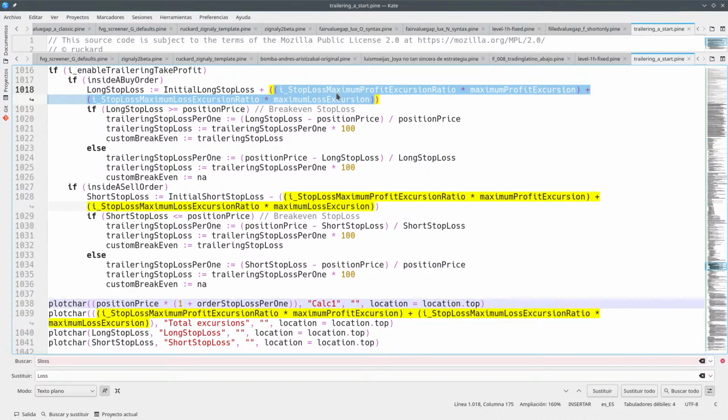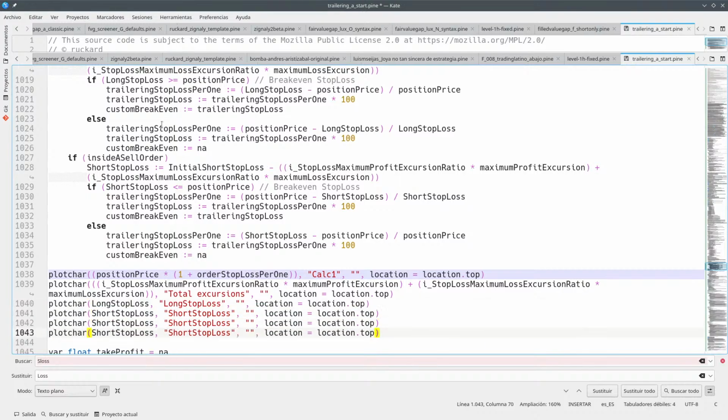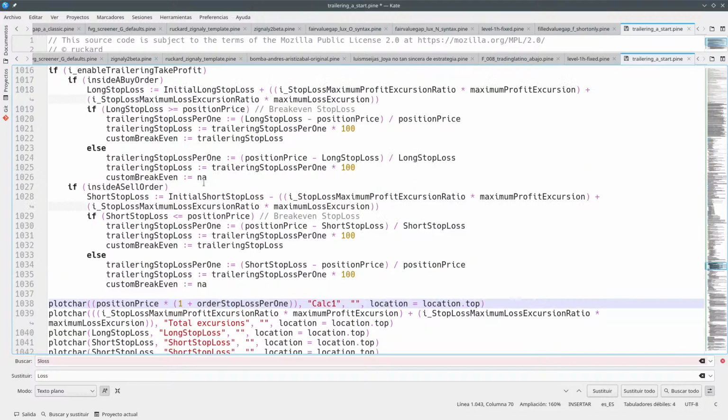Okay, so maximum profit excursion, maximum loss excursion. That's what we want to take a look at. So maximum loss excursion. Let me take a look at this and see what we have here.